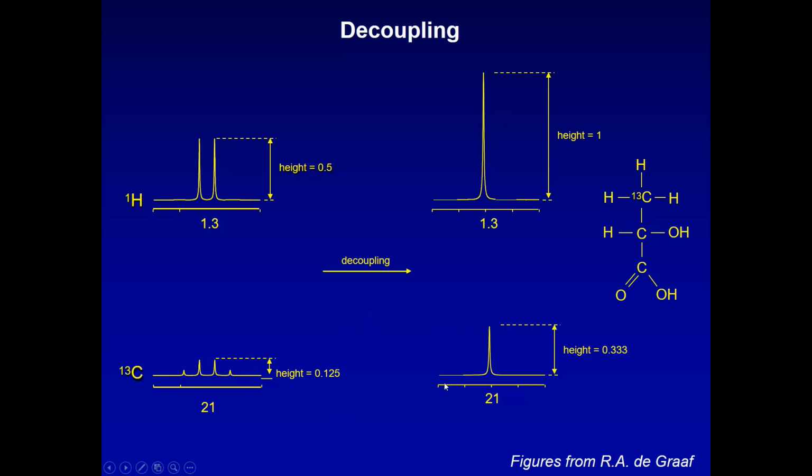And if we decouple them, now we have 1 peak of greater height. Notice that we're starting out with smaller heights overall because we only have 1 carbon-13 versus 3 protons. But still, we're better off. It's easier to measure one peak in the carbon-13 spectrum than it is to measure this broad series of small peaks.